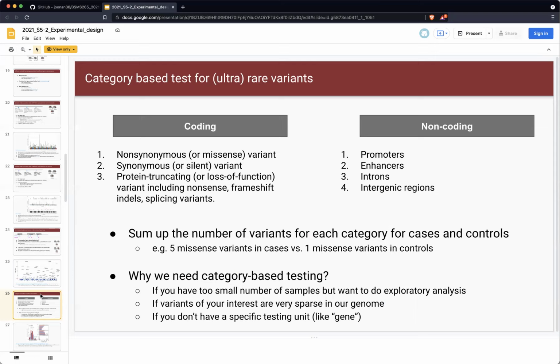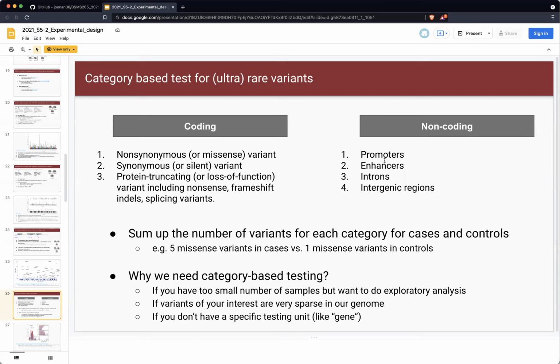So you can make a category for the variant consequence, like non-synonymous mutation, synonymous mutation, or protein-truncating mutation. Or if you're looking at mutations from the non-coding genome, then you can set up categories for promoters, enhancers, introns, or intergenic regions. So you can set up different categories by your own definition, right?